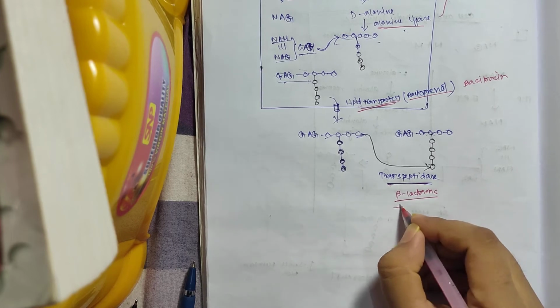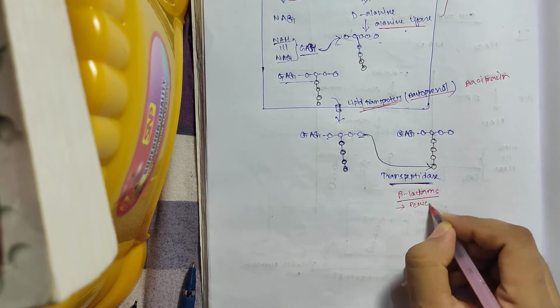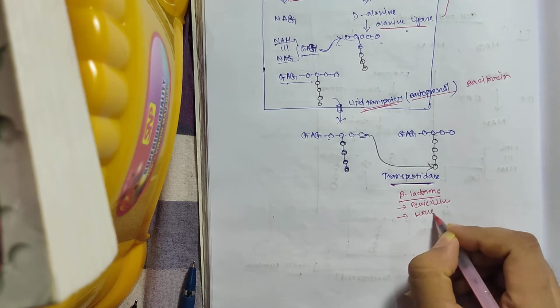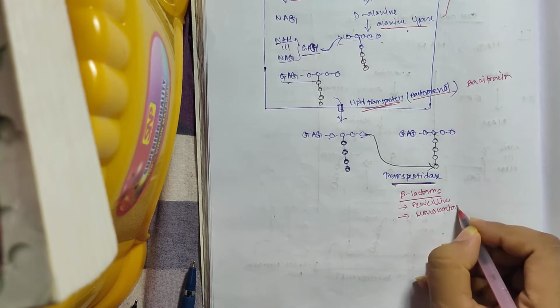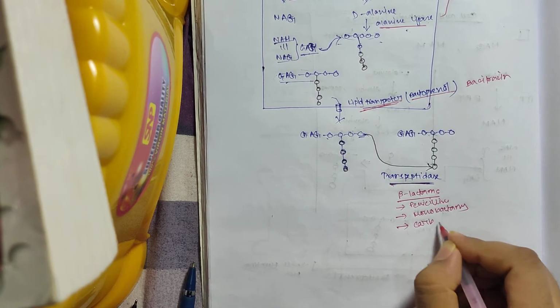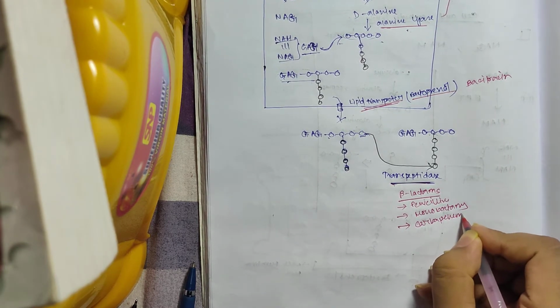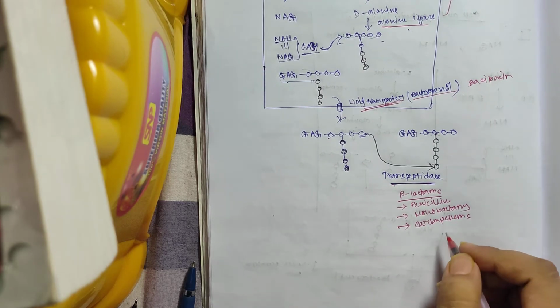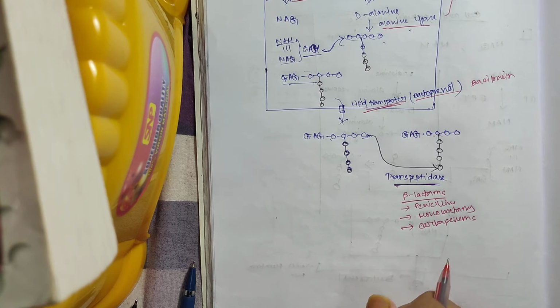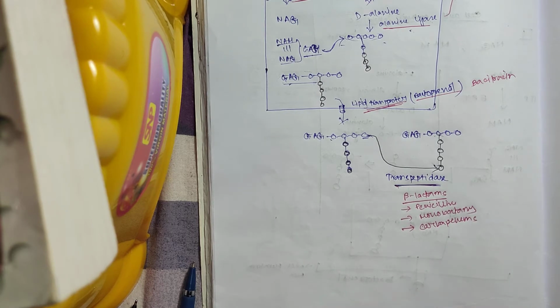These beta-lactams include penicillin, monobactams, carbapenems, right?